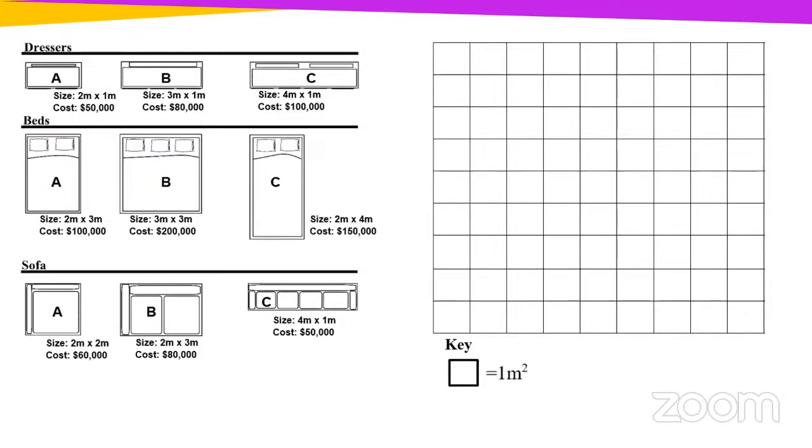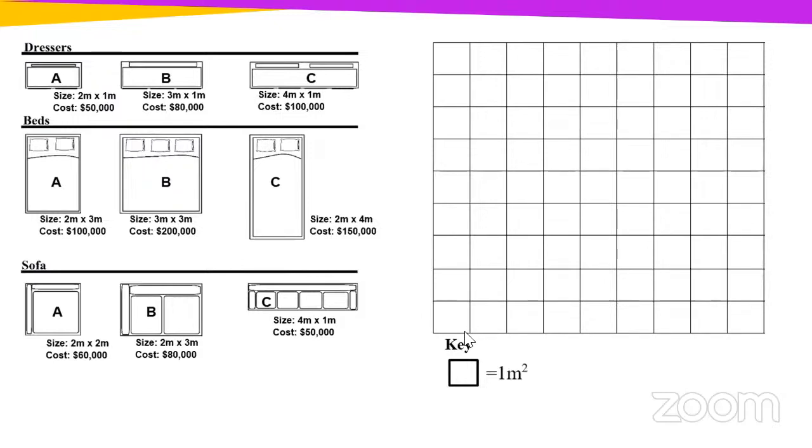Not quite there, but let's explore a little bit more. Okay, boys and girls. If you notice that the key says that 1 square represents 1 squared meter, what that means is that each side of the square is 1 meter.